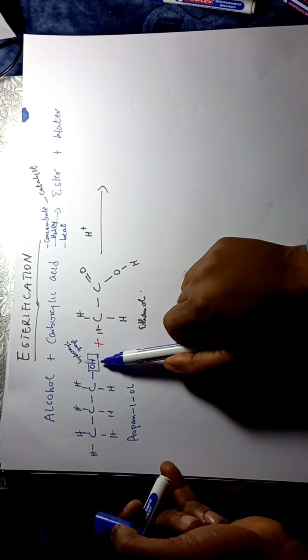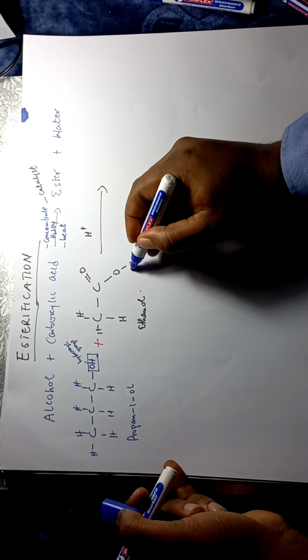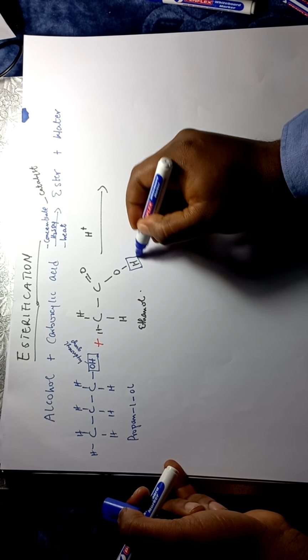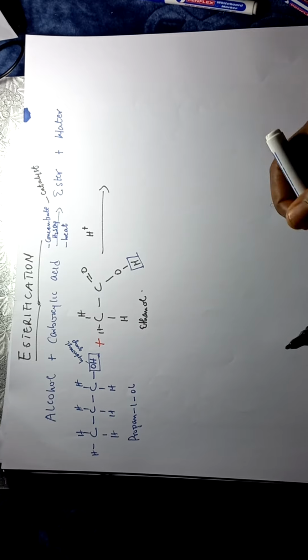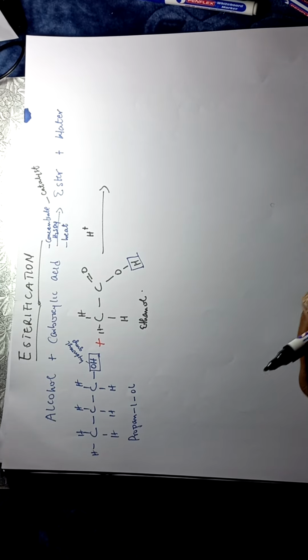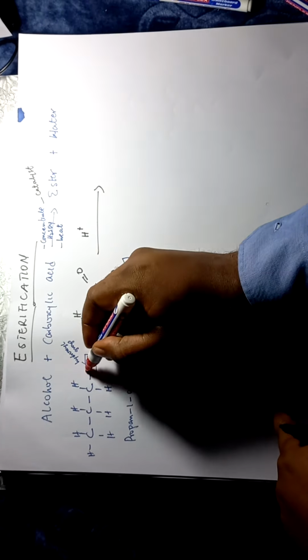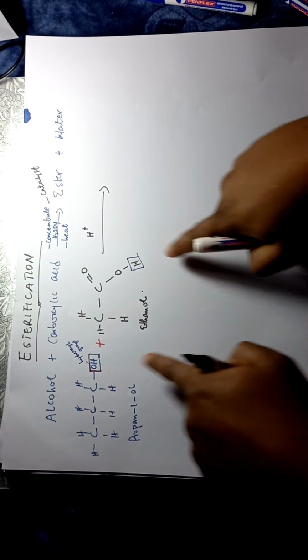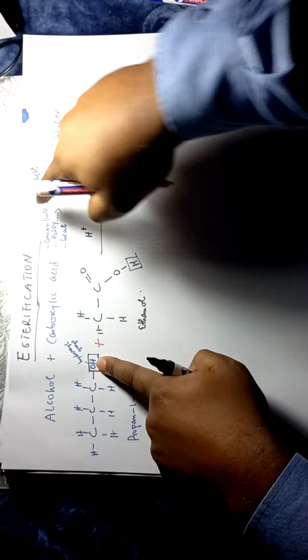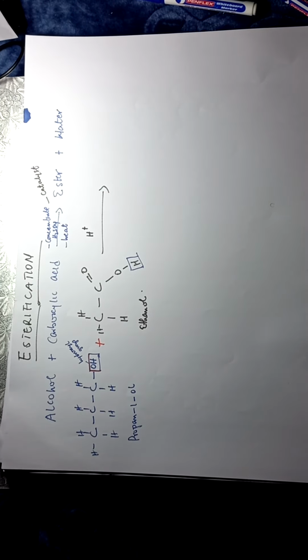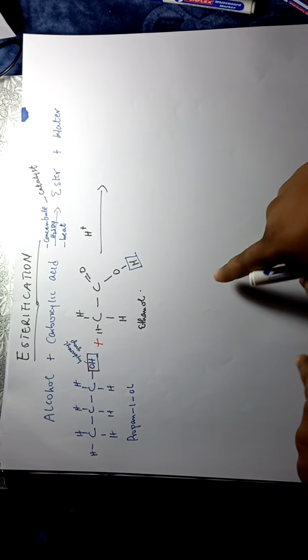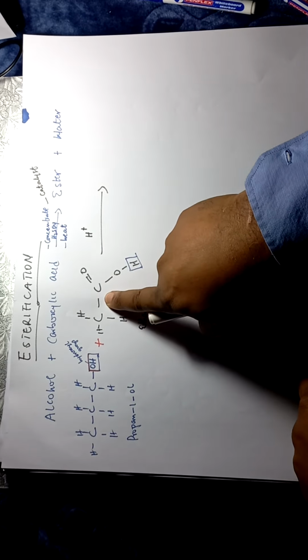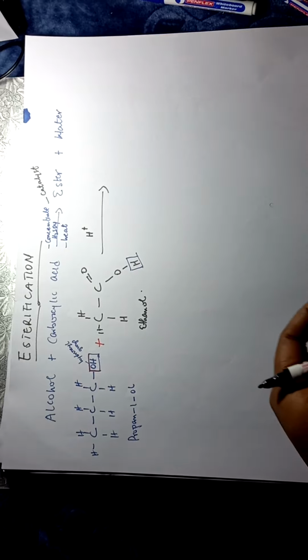So the OH here, and from here we remove the hydrogen. Those are the ones that are going to be removed, and once the two of them have been removed, this and this will combine together. They will be used to form water, and that is essentially what the concentrated sulfuric acid is doing. The other part will be a question of joining this one with this one.